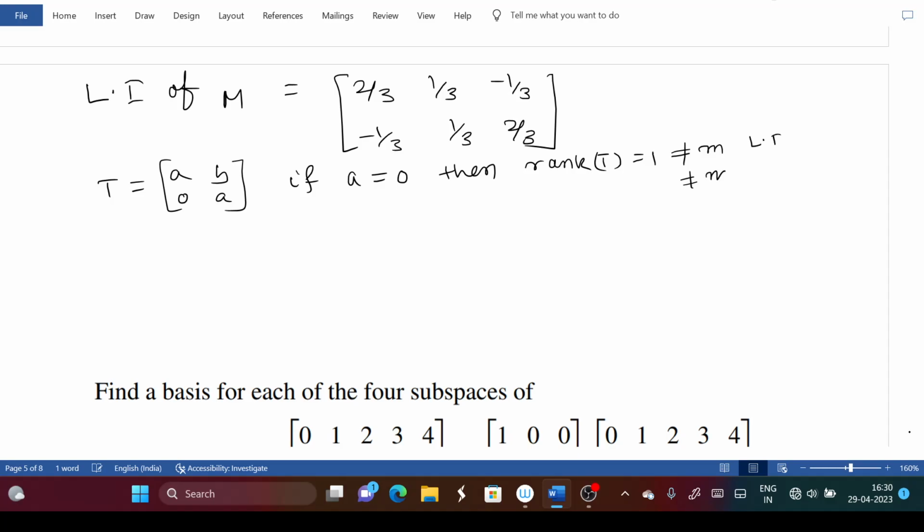So left inverse and right inverse both do not exist.